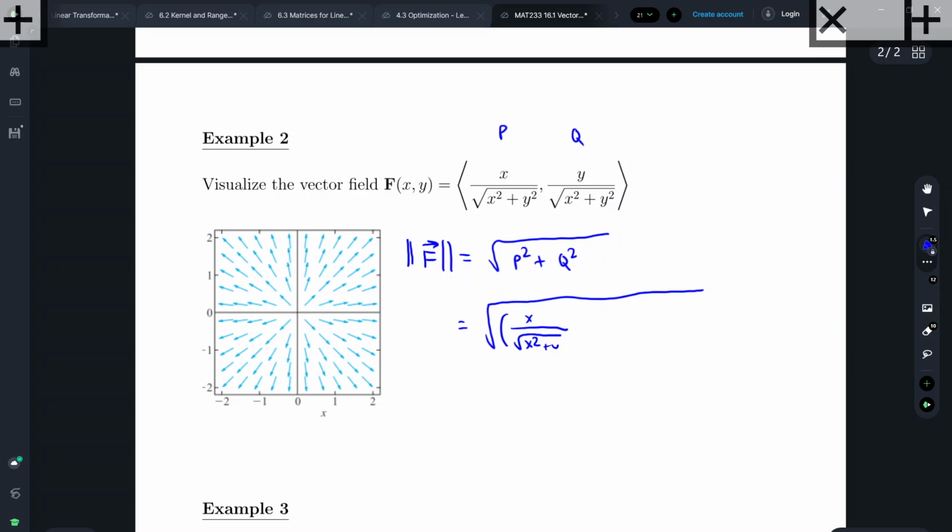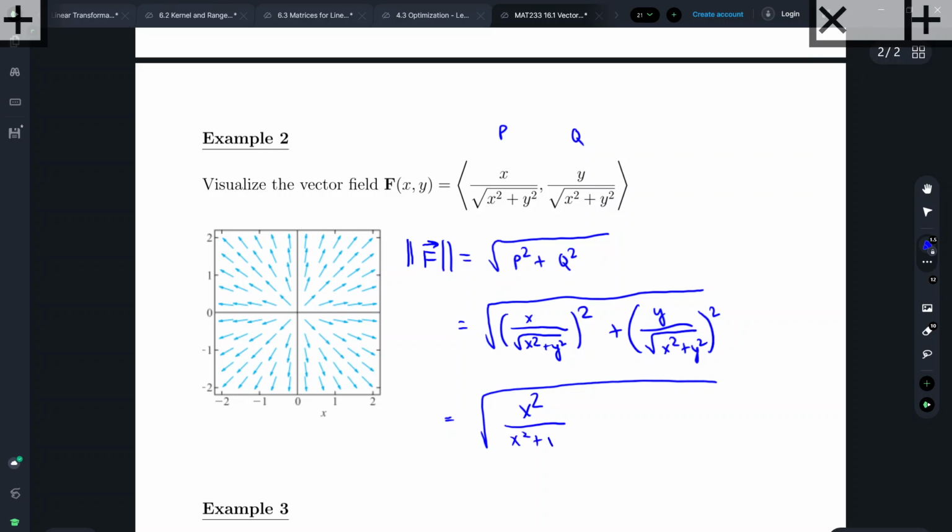So this component squared plus this component squared, we get x squared over x squared plus y squared, plus y squared over x squared plus y squared. In the denominator, the square and the square root cancel, so you get x squared plus y squared.